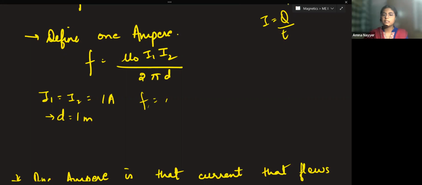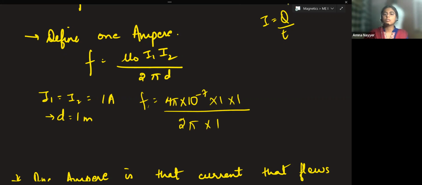Mu naught is 4 pi into 10 to the power minus 7. I1 is 1, I2 is 1. This is 2 pi into d, which is also 1. So what are we left with? Pi gets cancelled, 4 by 2 is 2. So force comes out to be 2 into 10 to the power minus 7 Newton.